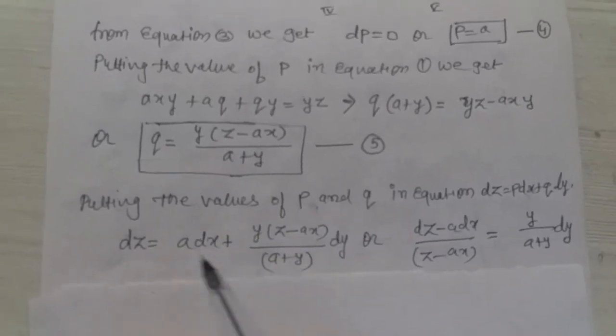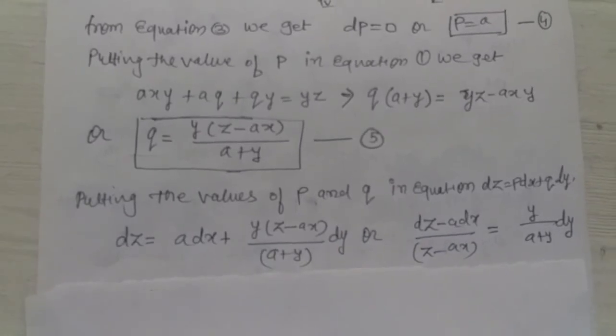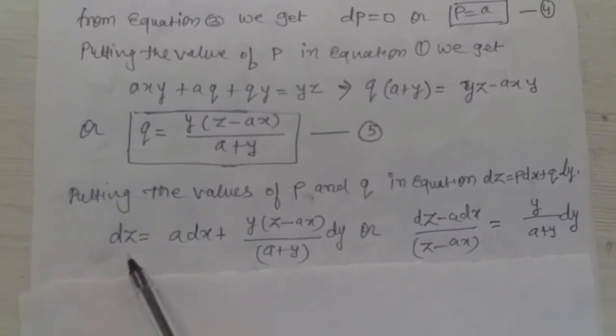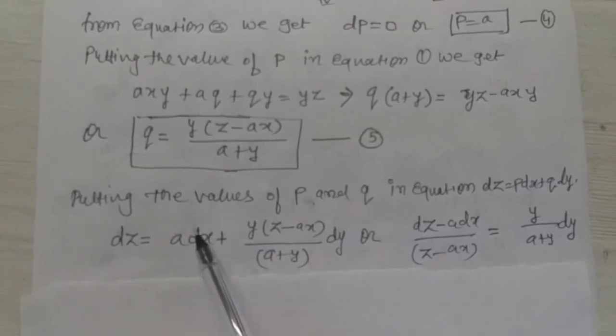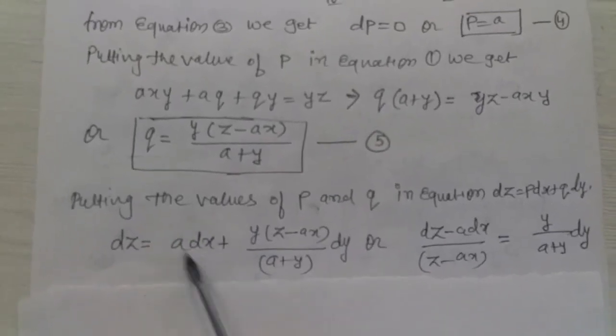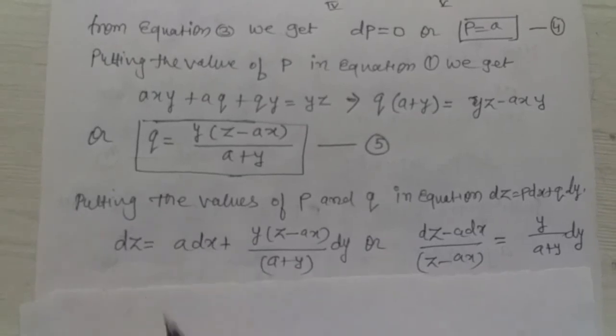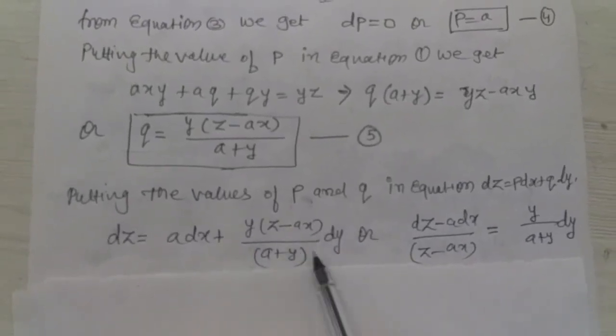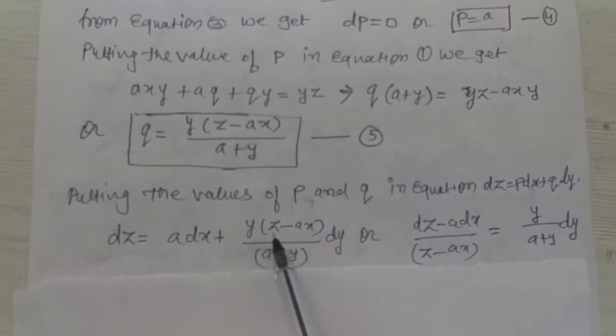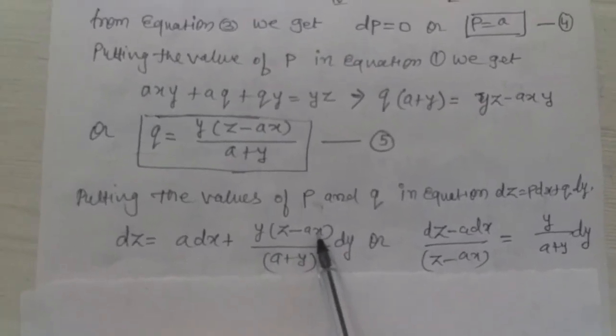Now we have to integrate this to obtain the complete integral. Dz can be integrated easily, a dx also we can integrate, but here we integrate with respect to y, and we have the variables z and x. So first we have to separate the variables.